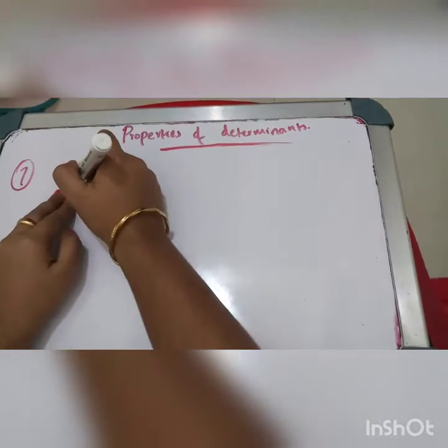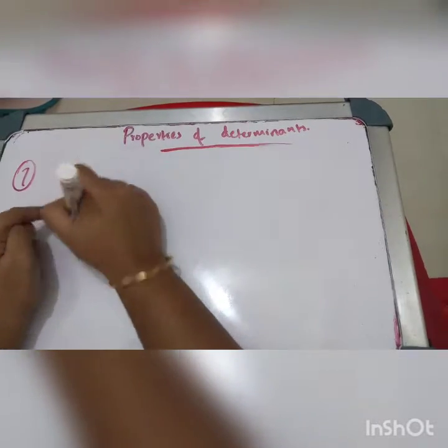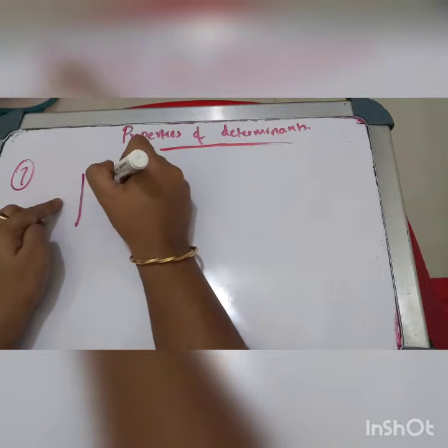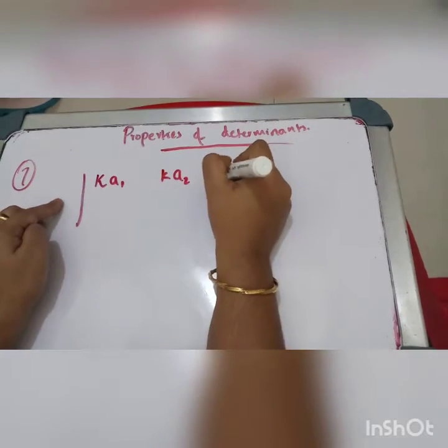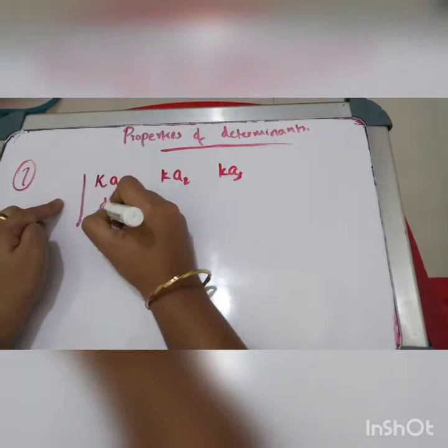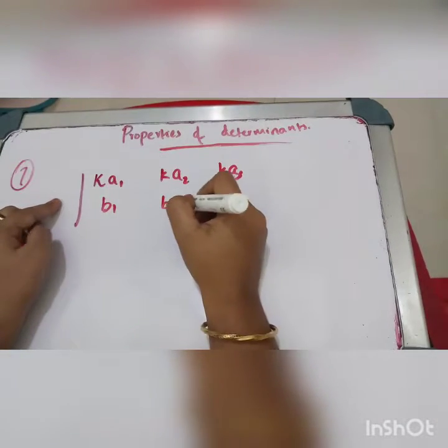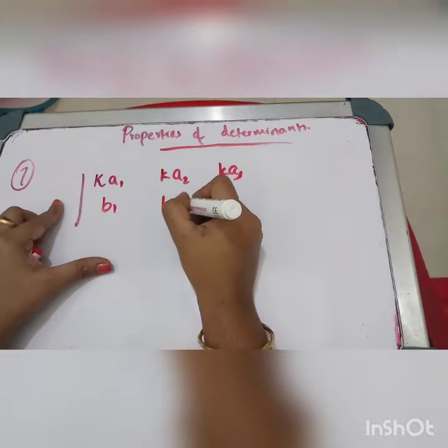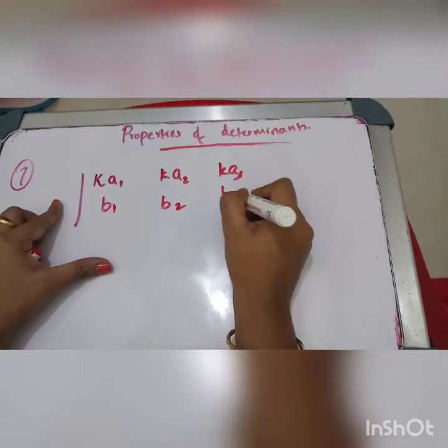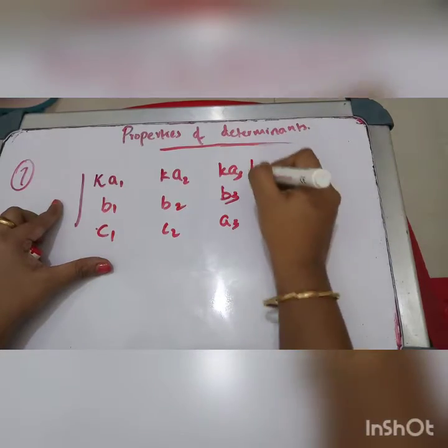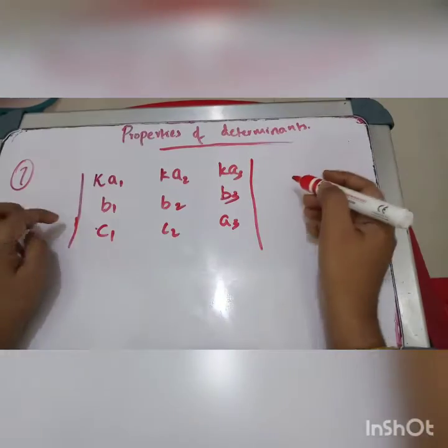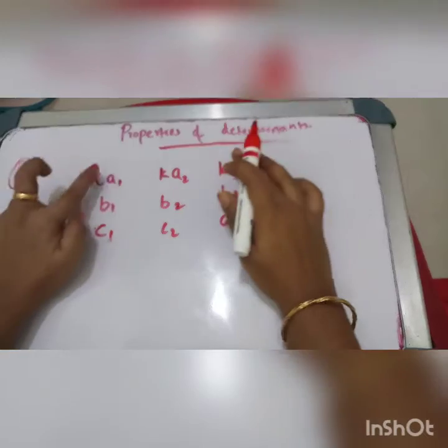The next property is, if each element in a row of a determinant is multiplied by a constant, then the determinant can be expressed as a product of that constant and the original determinant. Let delta be the determinant of the original matrix without k.